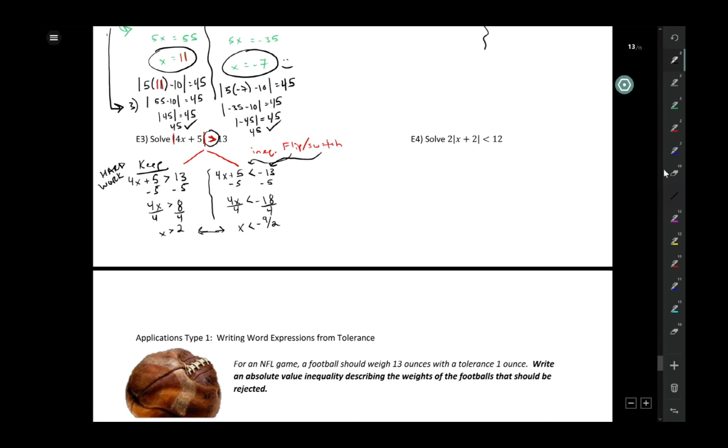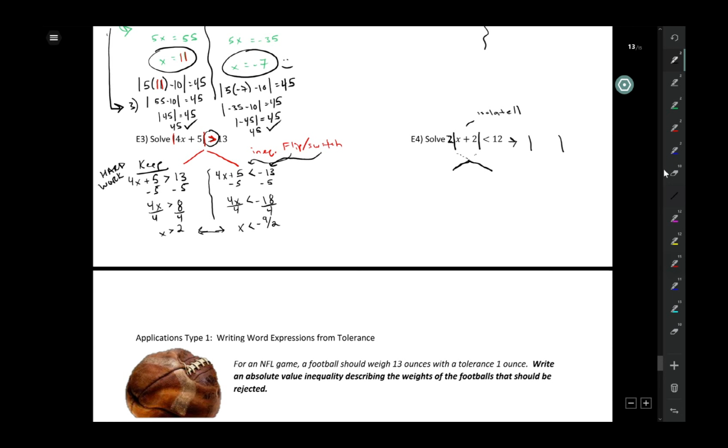Now again, for example 4, when you see absolute values, you need to take them and create your two problems. This one, though, has a little bit extra work. Extra in that first, you want to get the absolute values by themselves. So let's isolate the absolute values. To do that, notice this 2 is outside the absolute value.